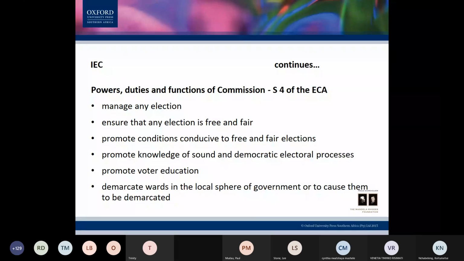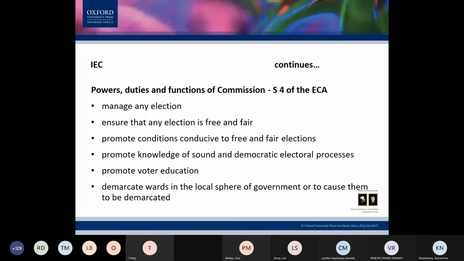So the powers of the IEC are listed in Section 4 of the Electoral Commission Act. This includes managing any election, ensuring that any election is free and fair, and promoting conditions that are conducive to free and fair elections.